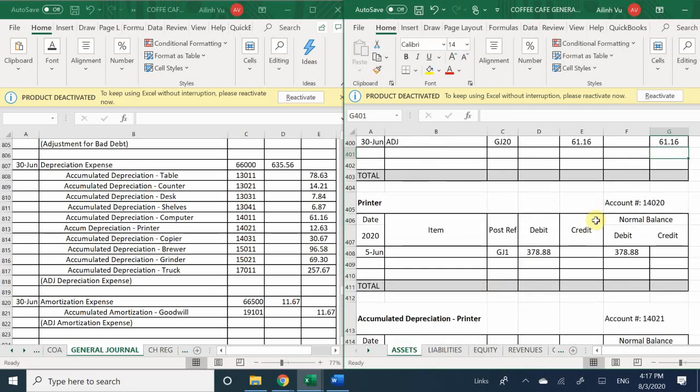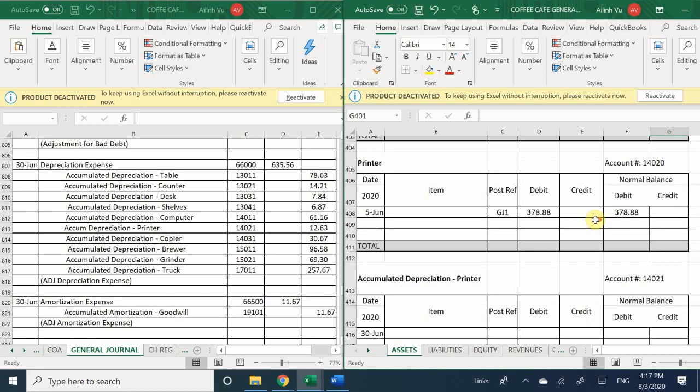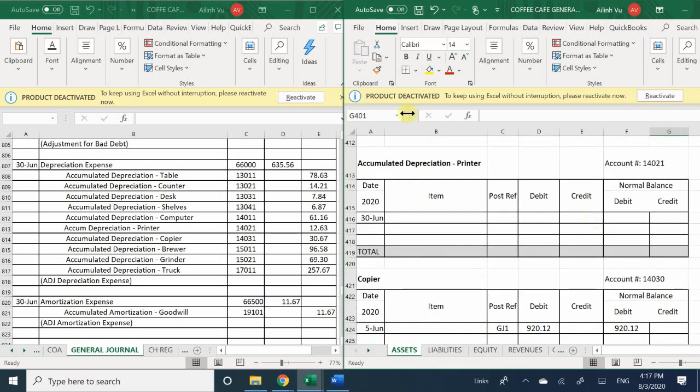Okay, so printer is going to be General Journal number 20 in the credit side for $12.63.